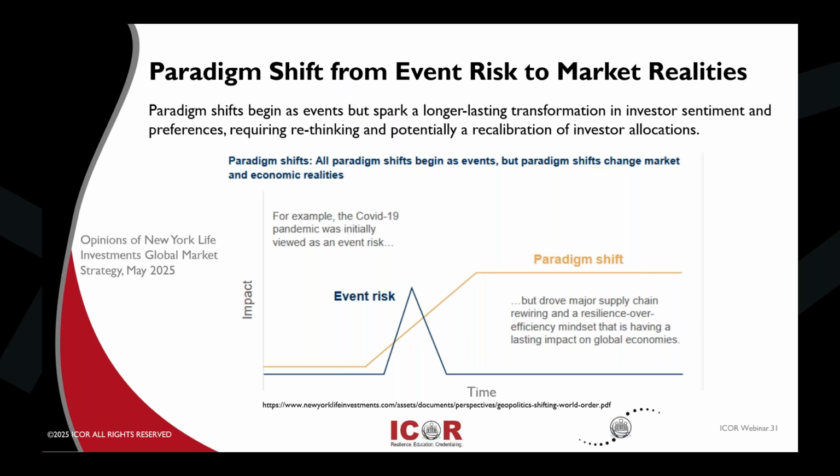But because it drove a major supply chain rewiring and this idea of resilience over efficiency, moving from just-in-time to strengthening our supply chains, having more than one, and even understanding what our supply chains look like, it is having a lasting impact on global economies.